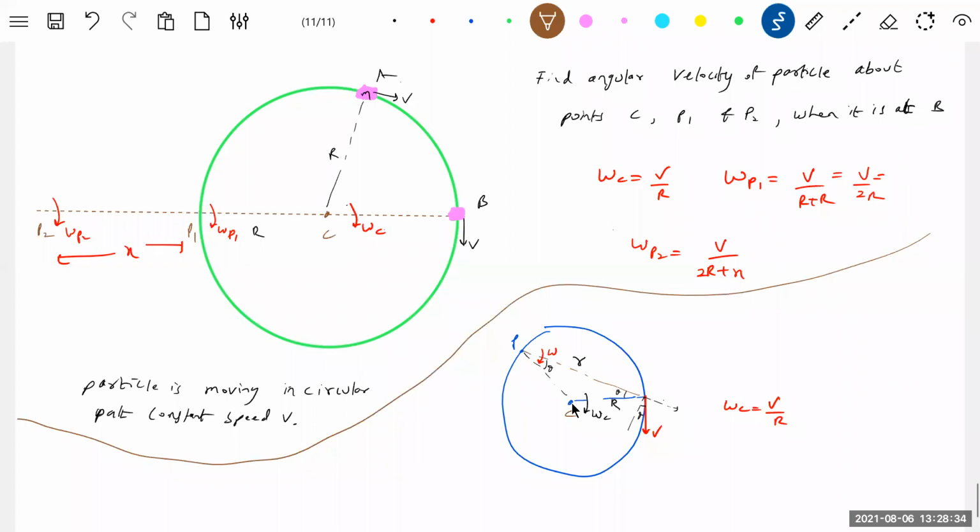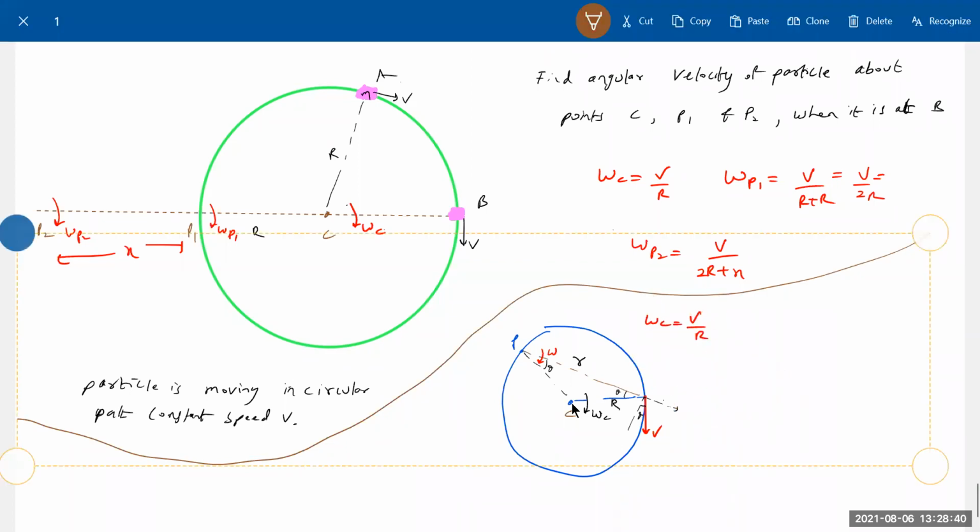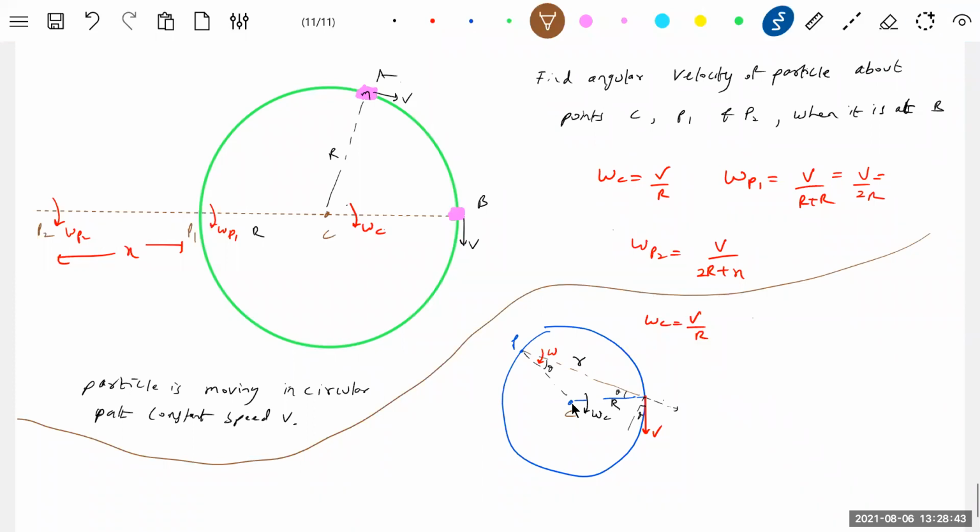What is angular velocity about the center? Omega c equals v by r. So we'll go for omega p. What should omega p be equal to? Omega p should be equal to v cos theta by r.